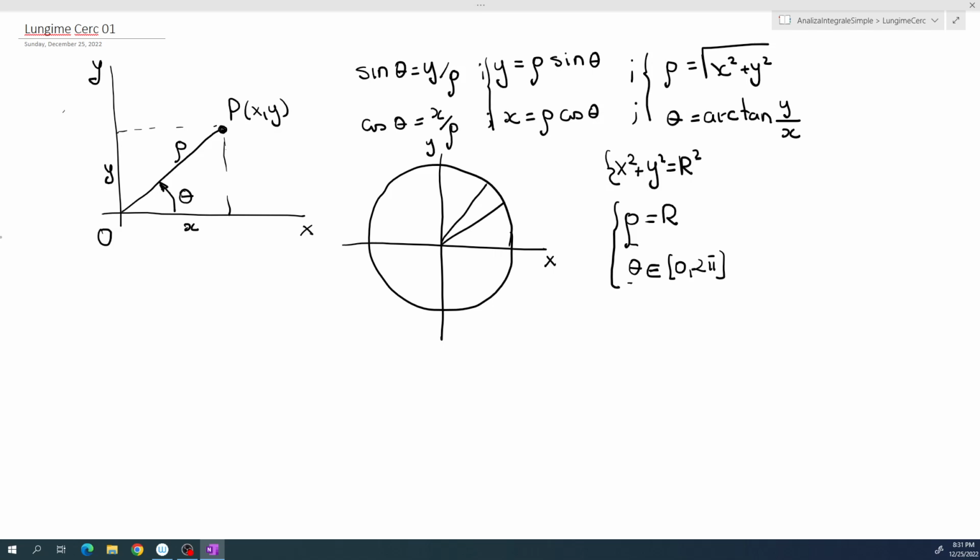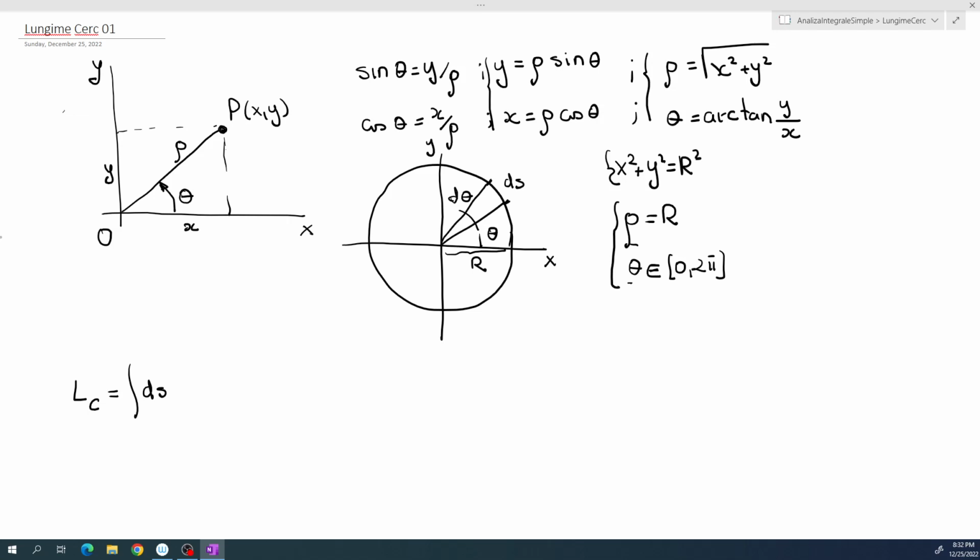Let's go back to our drawing, and I have here d theta, and here I have ds, which is the infinitesimal arc length, and here I have theta, and this one is r. The length of the circle is the integral of ds.